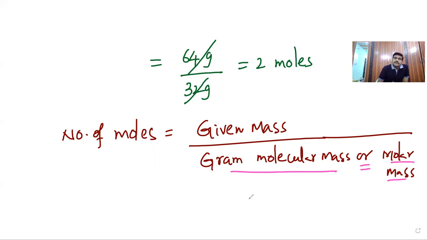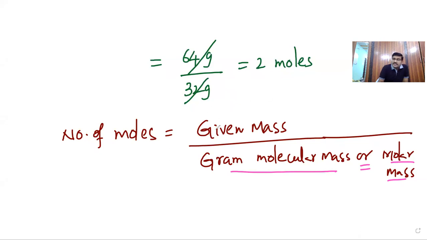Wherever a molecule is associated, in place of molar mass we use gram molecular mass. Wherever atoms are associated, we use gram atomic mass. Earlier also, we used the same formula to calculate the number of moles in a given atom.